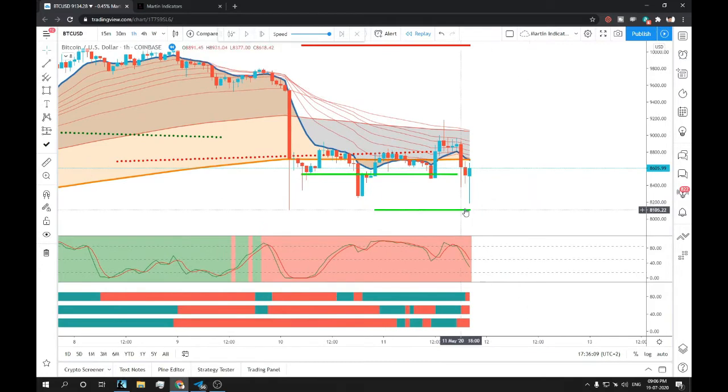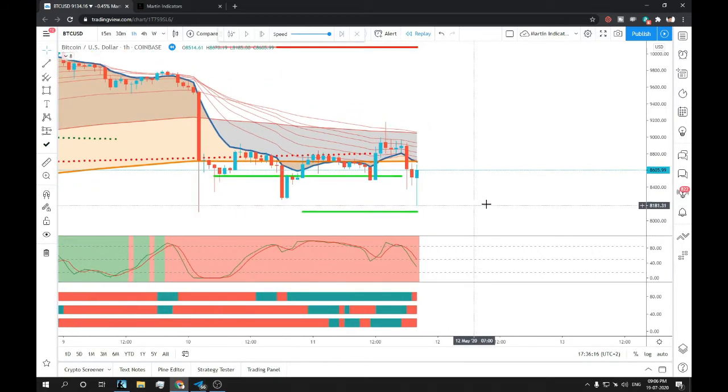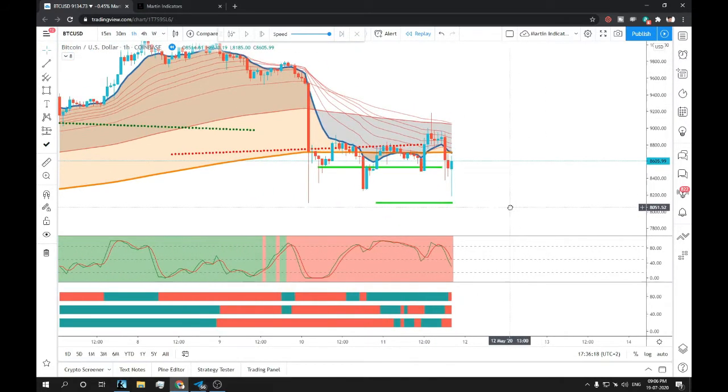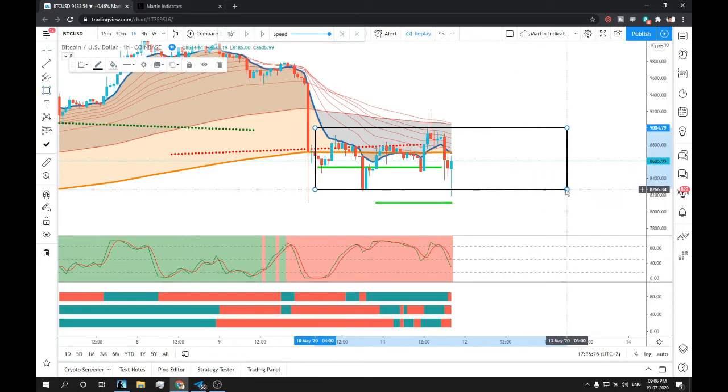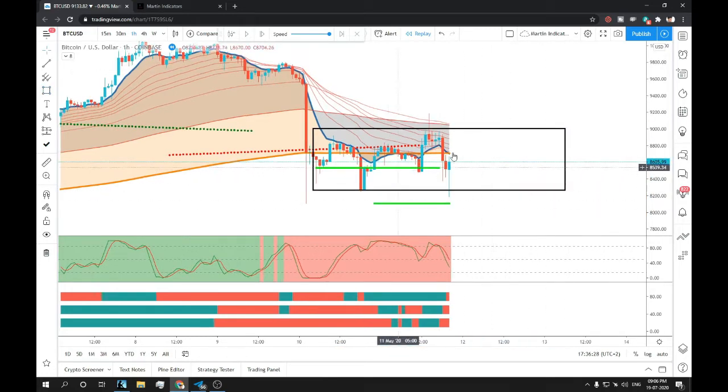As I said, that support is not broken, so that support is being respected, and we have a pin bar. That's a reversal. And one more thing, we will not take this trade because it's in a zone. So never ever take any trades in a consolidation zone, because that's a neutral thing, and that's where the decision is pending, whether the bulls should take over from here or the bears should take over from here.